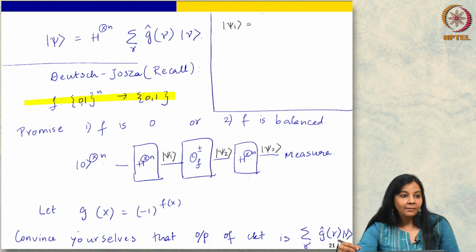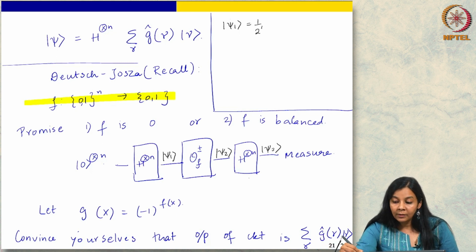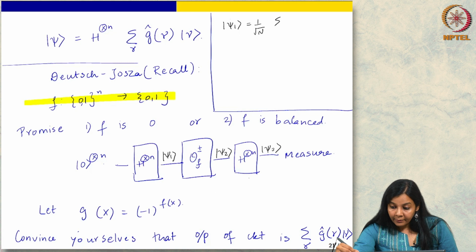Everyone agrees that this is a superposition over all inputs, so 1 over square root of 2 to the n, summation over all x.